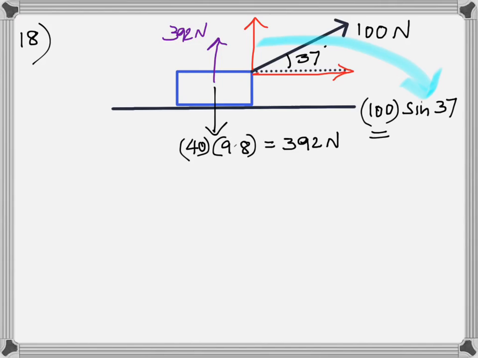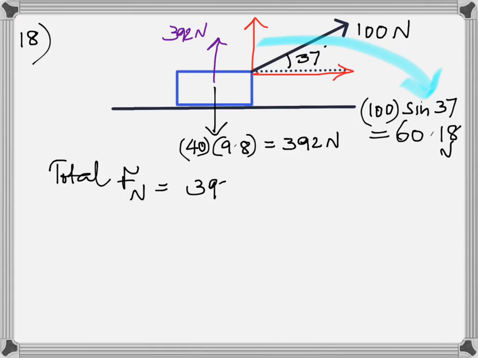Gilbert, are you getting it? 100 sine 37, which is 60.18 Newton. And so the total normal force is 392 minus 60.18, which is 332 Newton.